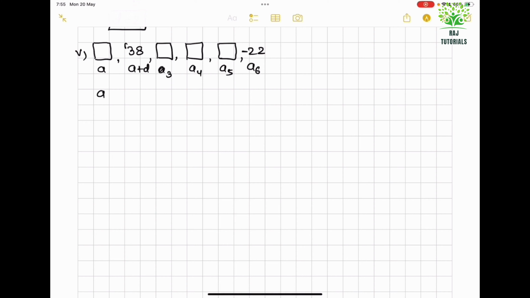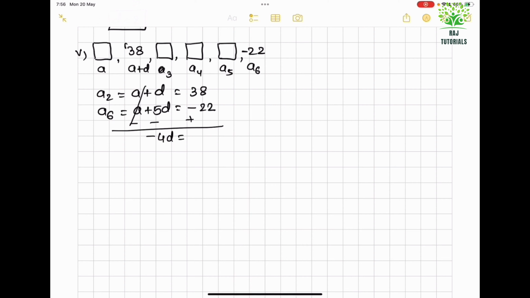Fifth one, I am given A2, that is A plus D, equal to 38. And A6 is A plus 5D, that is -22. So if I do the elimination method here, A got cut, -4D equal to 38 plus 22 will happen. So 38 plus 22 will be 60.